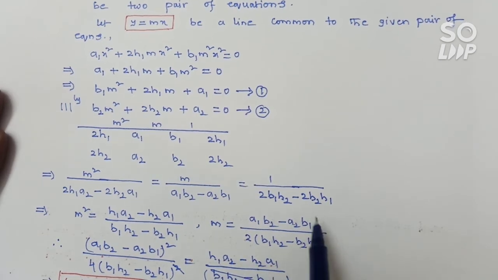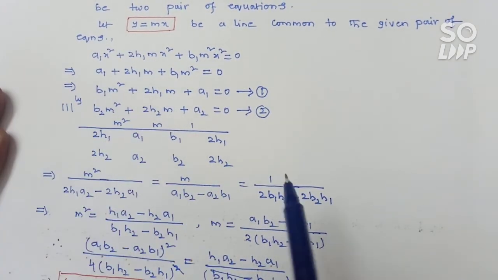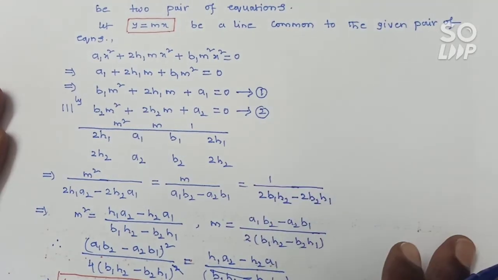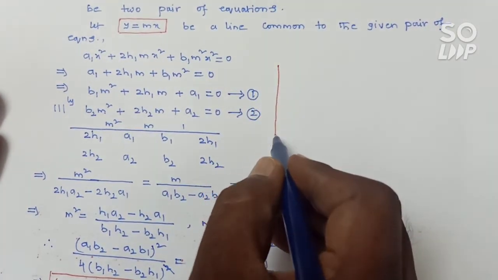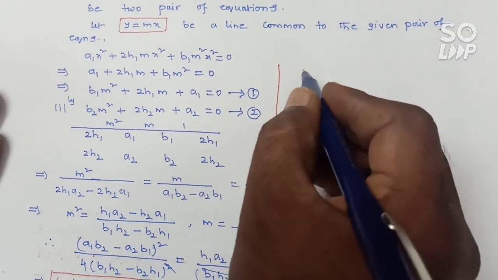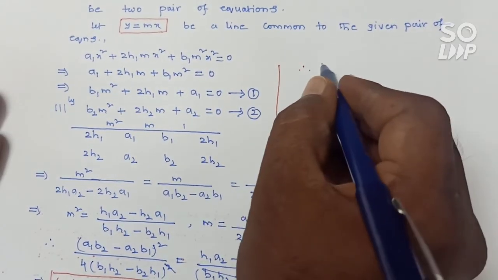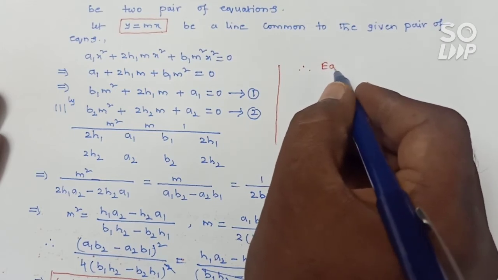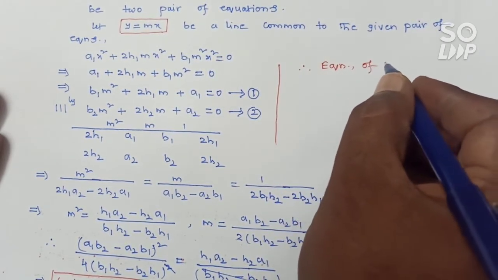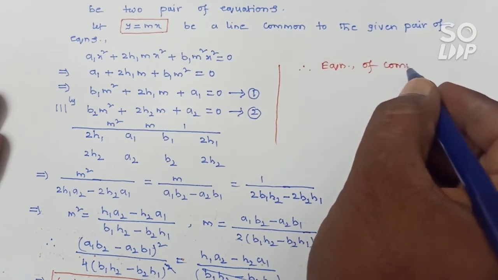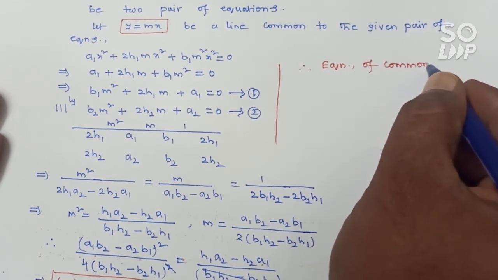So by substituting this m value in the above formula, you can write here, therefore, the equation of the common line.